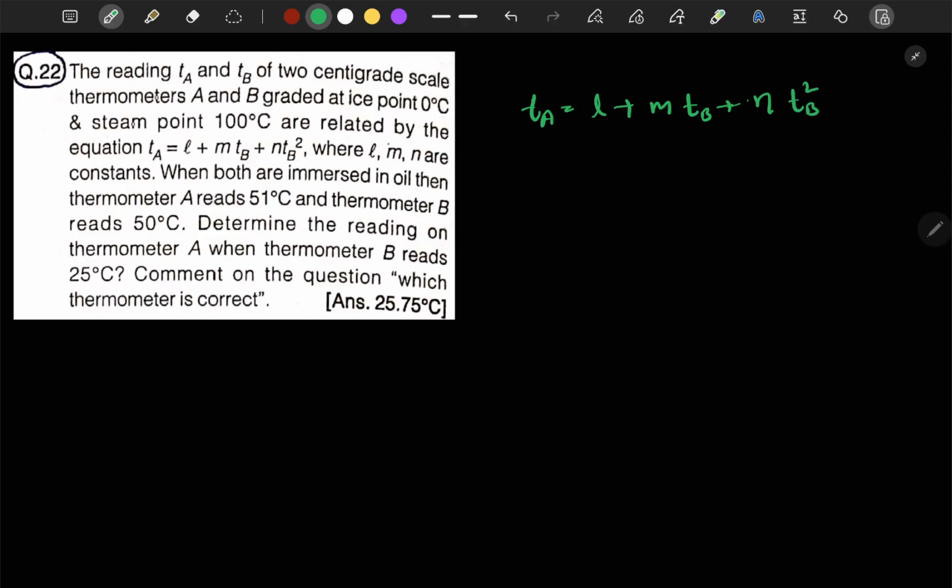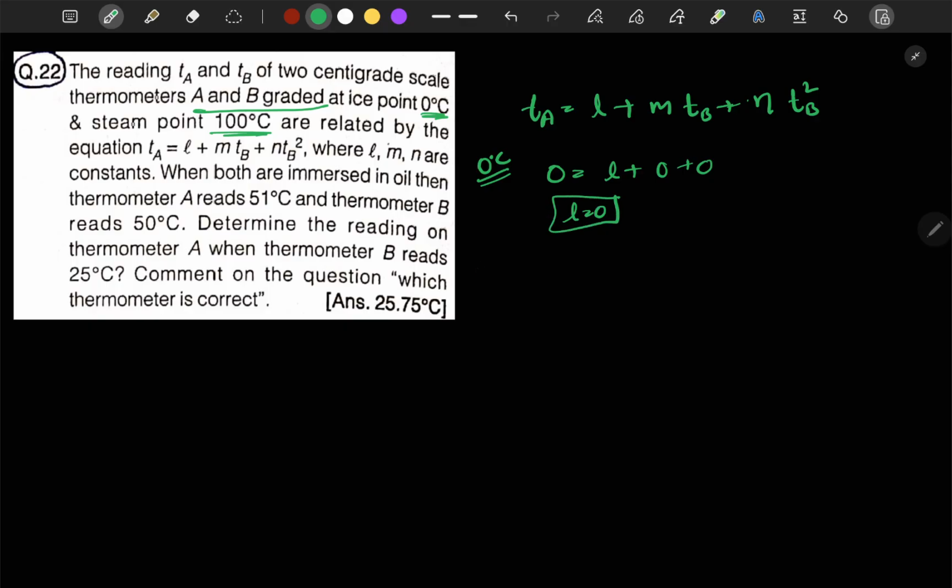And it is mentioned that they are both graded at 0 degrees Celsius and 100 degrees Celsius, so TA and TB values will be the same at 0 degrees Celsius and 100 degrees Celsius. So let's talk about 0 degrees Celsius. We will get 0 is equal to L plus 0 plus 0. So we will get L is equal to 0.